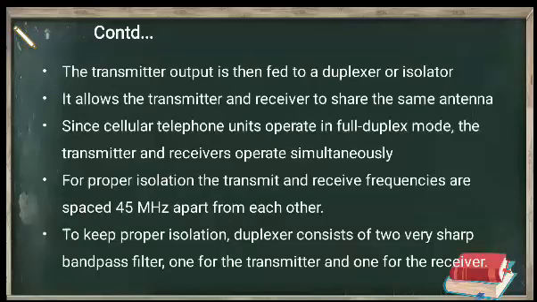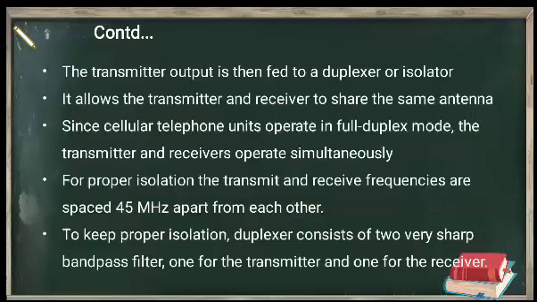The transmitter output is then fed to a duplexer or isolator. It allows the transmitter and receiver to share the same antenna. In a mobile phone, there is only one antenna for the transmitter signal or receiver signal. Since cellular telephone units operate in full duplex mode, the transmitter and receiver operate simultaneously.